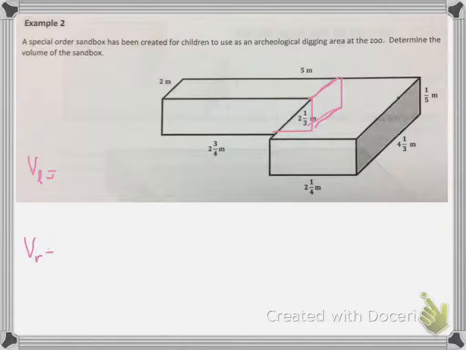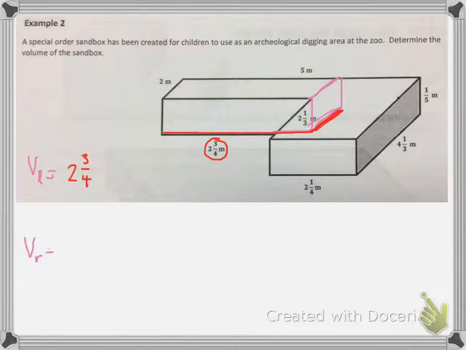I'll use red. I'm going to need this dimension right here. I need that distance. Looks like that's 2 3/4. So that's length, 2 3/4. I'll need width, which is going to be this dimension right here.